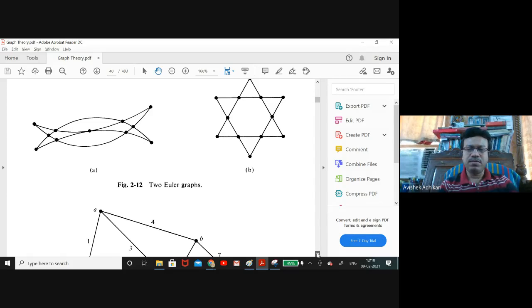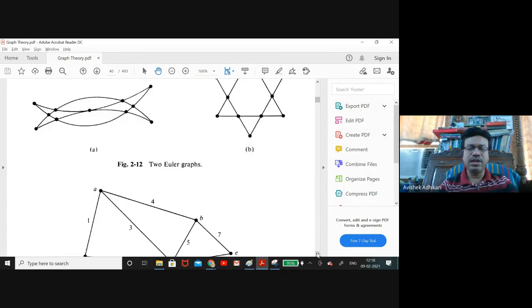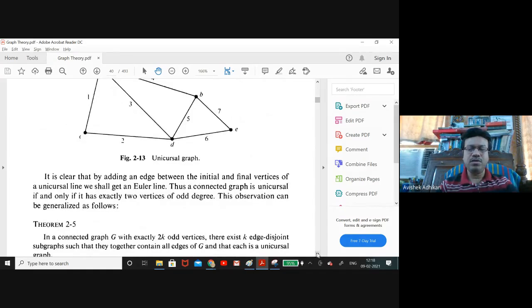But here a few more terms are there. In the case of an Eulerian graph, you had the property that it should start from a particular vertex and end at that particular vertex, exploring all the edges exactly once. Now, in some cases, for practical purposes, it may not have that property of coming back to the original vertex from where you started.